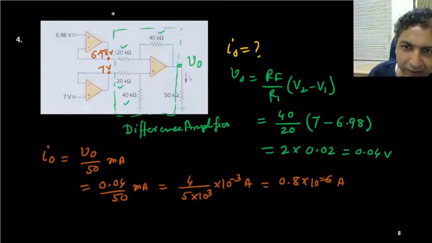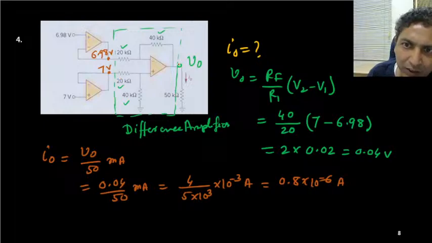So in this problem what I am saying is that first you need to identify this circuit. It will provide a unity gain buffer. This is a buffer circuit. This 7 volt and this will be again 7 volt. If this is 6.9 volt, this point is again 6.9 volt. Now this circuit is your subtractor circuit or difference amplifier circuit, because this ratio 40:20, this is also 40:20.